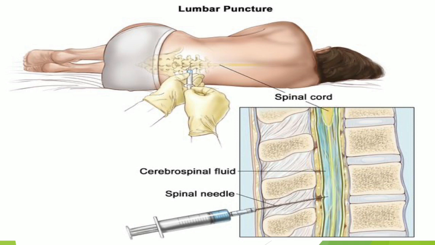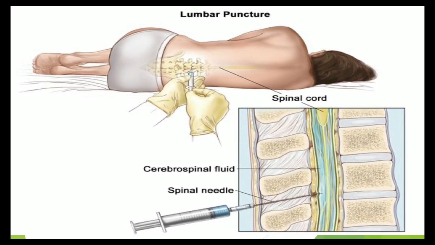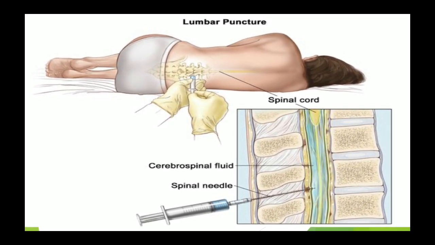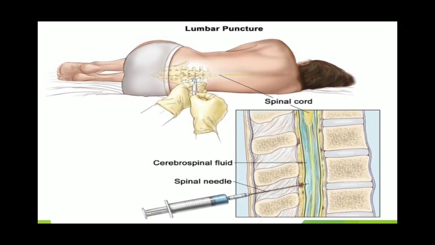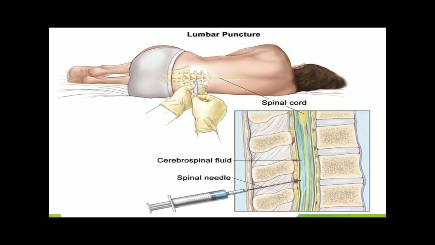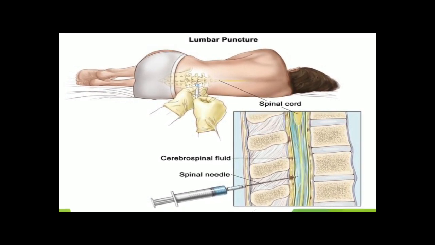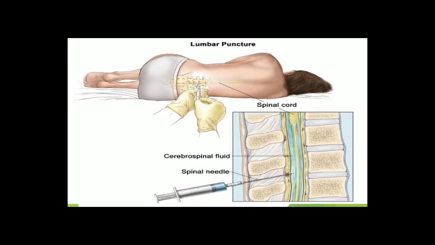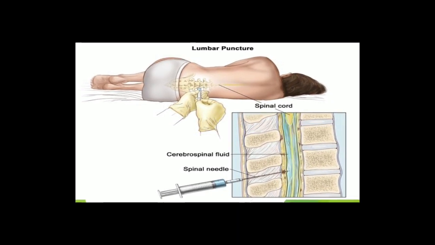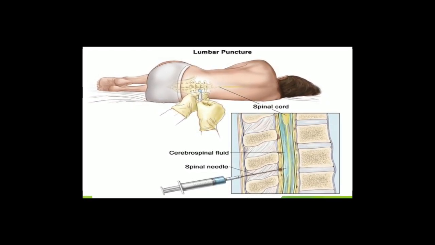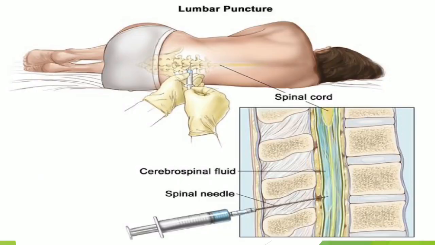There's high subarachnoid pressure. Lumbar puncture is not performed in the presence of increased intracranial pressure. So usually before you do it, you might want to check to determine what the intracranial pressure is like. You can do that via CT scanning, but there are times that you might not have that facility.